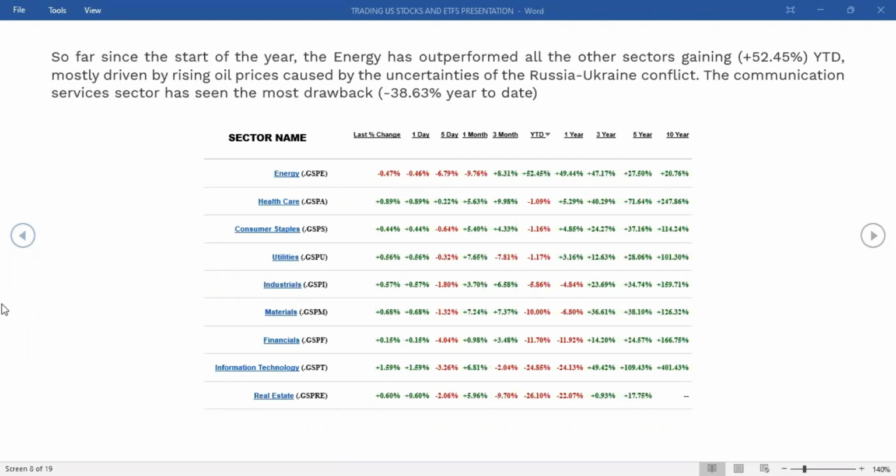Actually, there's a lesson from just looking at the chart, or rather at the table we have on our screen. Normally, most guys will tell you, if you want to invest, invest in the long term. And what you can observe is that in the past 10 years, all the sectors listed here have had positive returns.